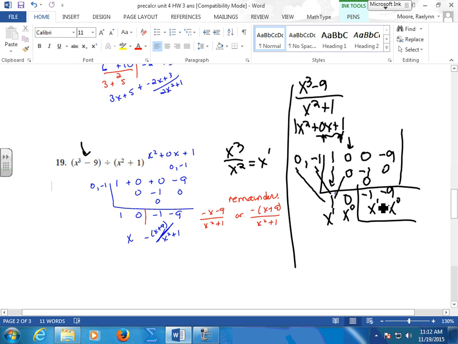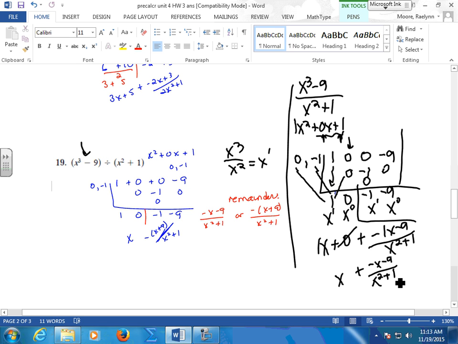So I write it like this. 1x, I'm going to just put the 0 in here for now, plus, here's my remainder, negative 1x minus 9 over x squared plus 1. And do I need this 0? No, so I could leave this as x plus negative x minus 9 over x squared plus 1.